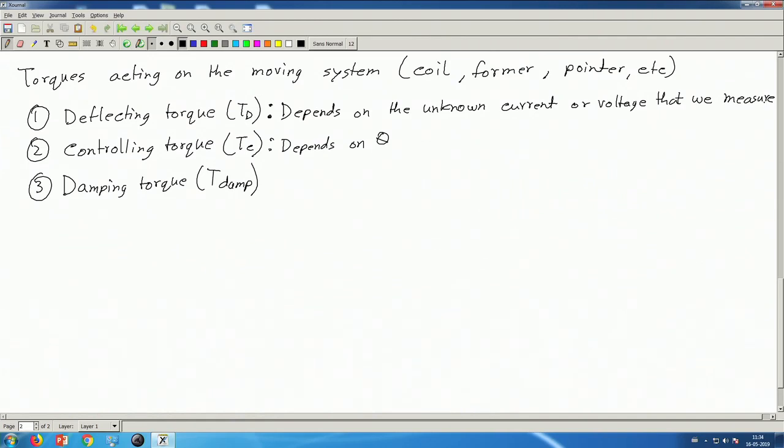Okay. And this torque depends on the velocity. Therefore, T damping is equal to 0 at steady state or equilibrium.